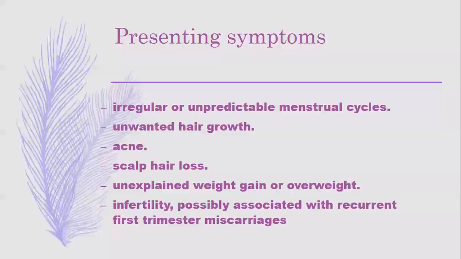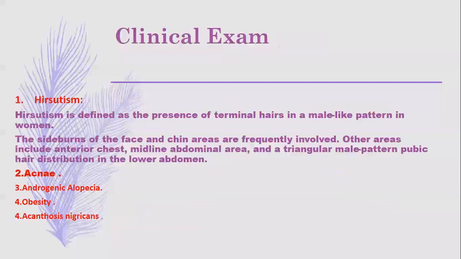The patient may have 3-month amenorrhea, 6-month amenorrhea, or the patient presents with abnormal hair growth, which is called hirsutism, acne, scalp hair loss, unexplained weight gain or overweight, infertility, possibly associated with recurrent first trimester miscarriage.